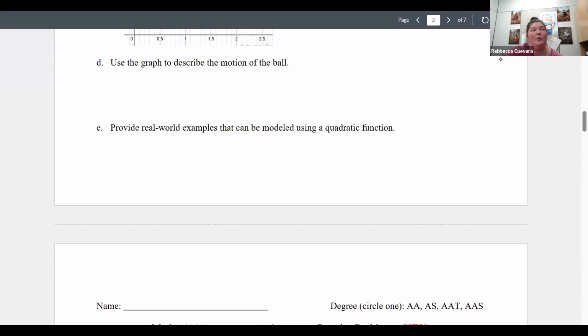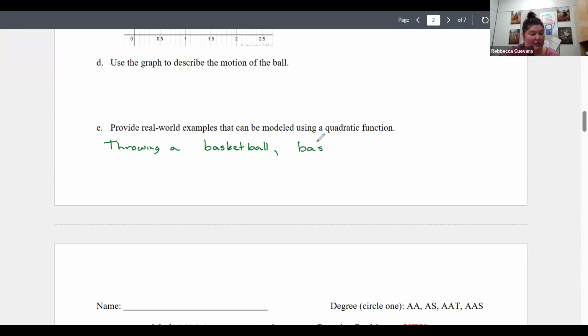Last little bit here, we just want to provide some real world examples that can be modeled using a quadratic function. So you can think about anything that's being thrown, any situation where we're throwing something up and it's coming down, like throwing a basketball. I mean, it's not going into a hoop. If we throw it up, it's going to go up, arch, and come back down.